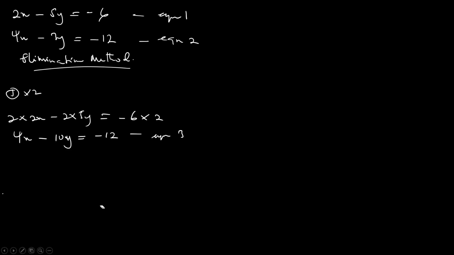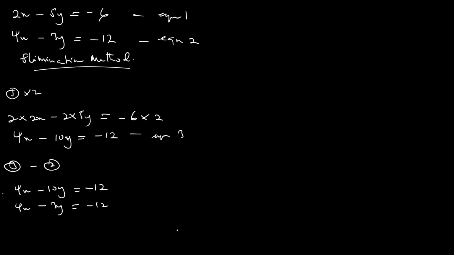So in order to eliminate x, we can subtract equation 2 from equation 3. So we are going to have equation 3 minus equation 2. So our equation 3 is 4x minus 10y equals to minus 12. And our equation 2 is 4x minus 3y equals to minus 12.